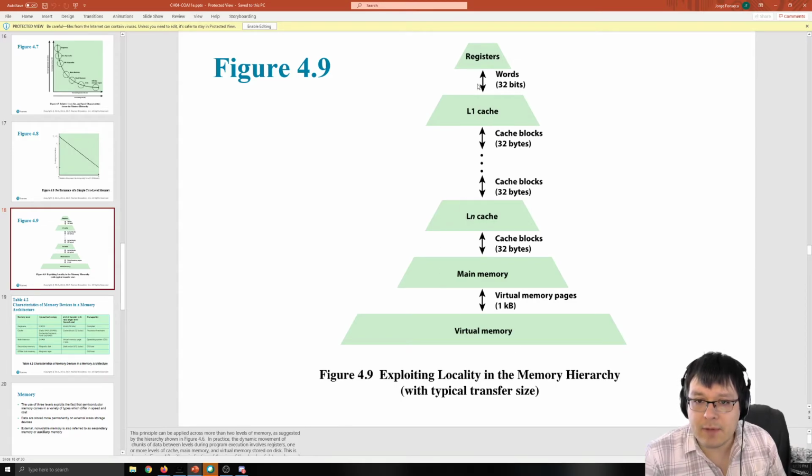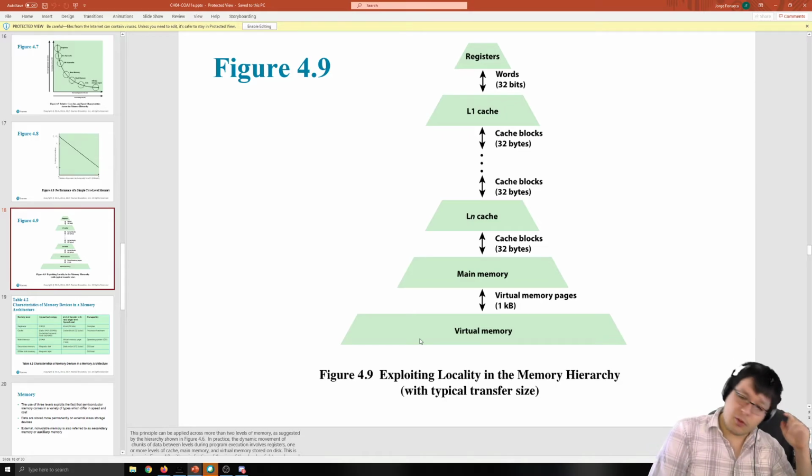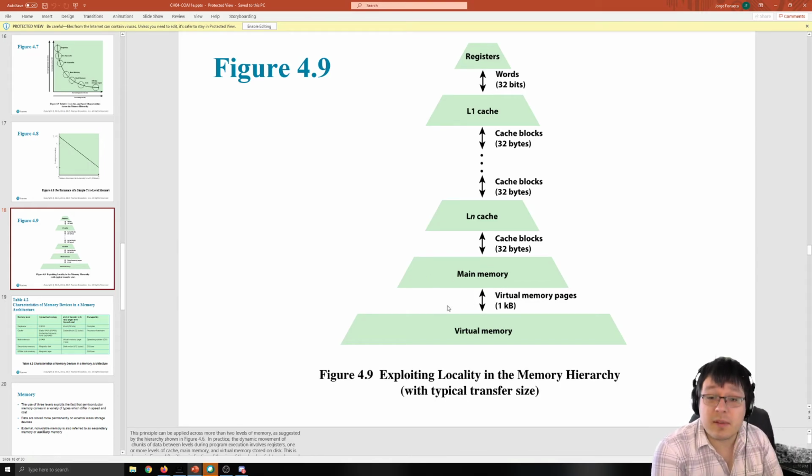So if I'm processing some information here, that specific spot in memory must exist as you go down all the way until you get to the bottom of your hierarchy. Okay? Things get a little bit weird when you go from the RAM to the hard drive. Things that you have in RAM may not be in the hard drive. However, outside of that, anything from RAM and up, so anything in cache, must have a copy in every layer.